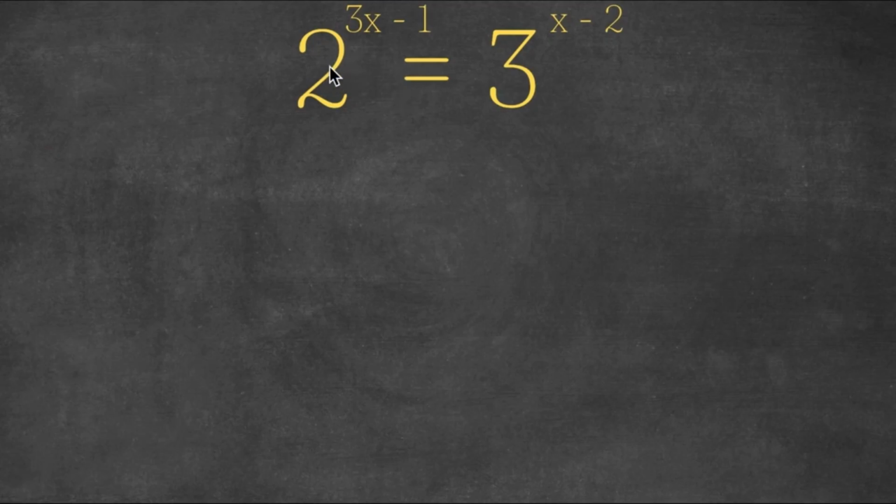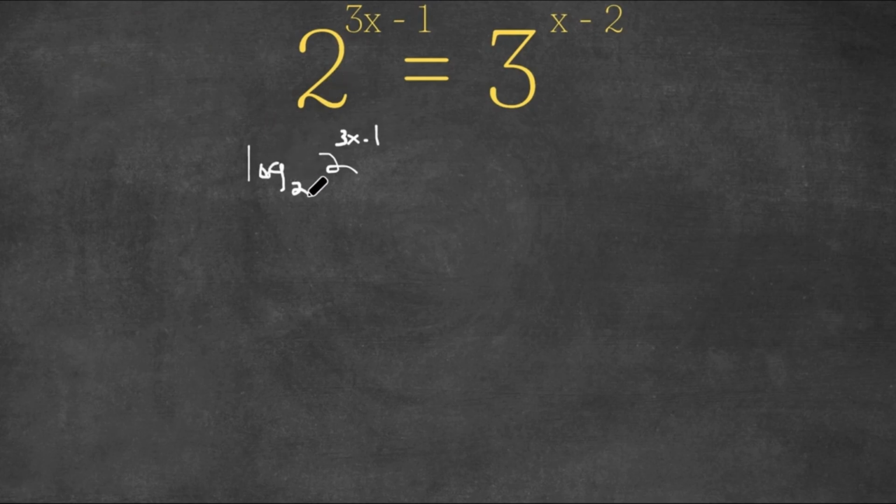Well, what we're going to do first is take the log subscript 2 of 2 to the power of 3x minus 1. And we're doing this because remember, the log is the inverse of an exponent.